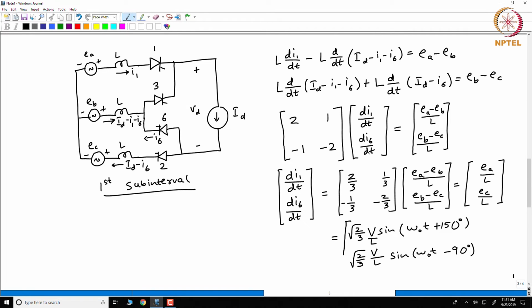So this is the equation, the right hand side of the equation. The left hand side is of course di1 by dt, di6 by dt.